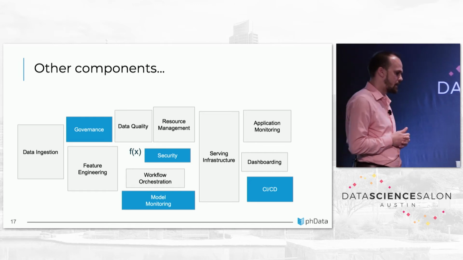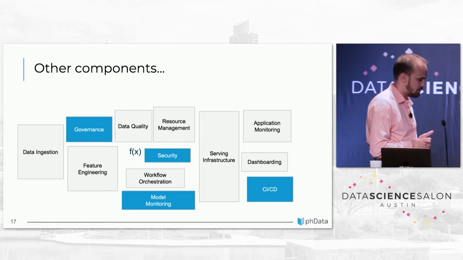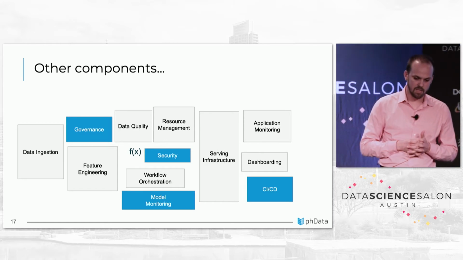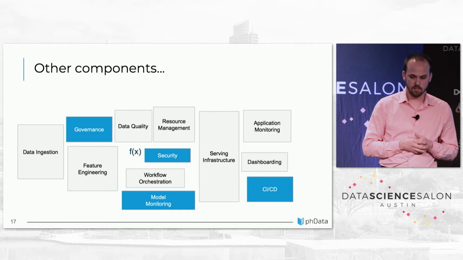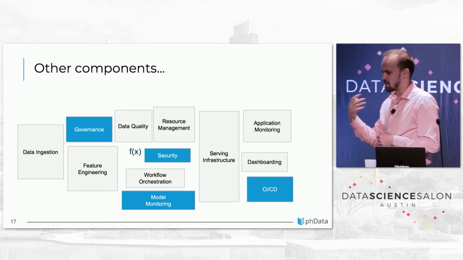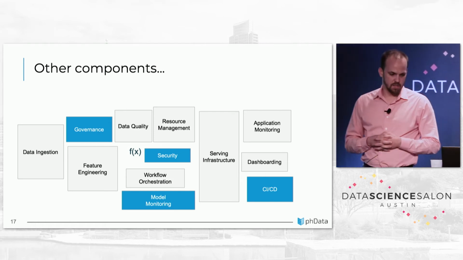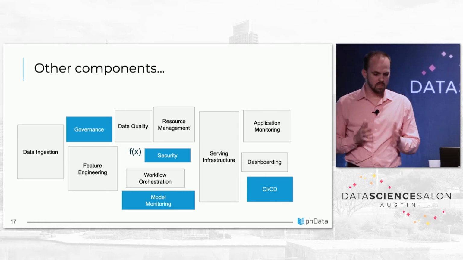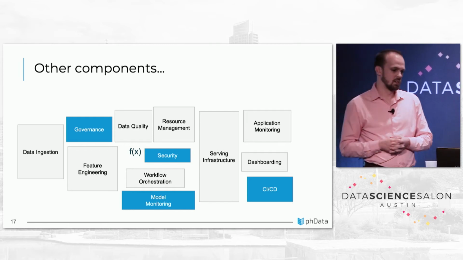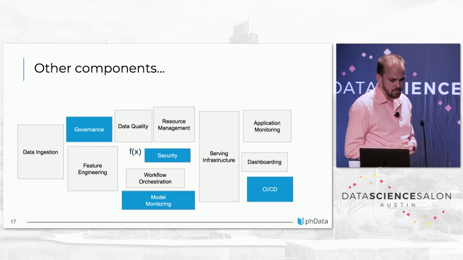A number of tools now offer this. SageMaker has this built in if you're using SageMaker. MLflow has a tracking capability that handles this. Anything that claims to have experiment tracking, that's a big part of this. Now, some of those only focus on the experimentation side and not on the deployment side, so that can be a gap.